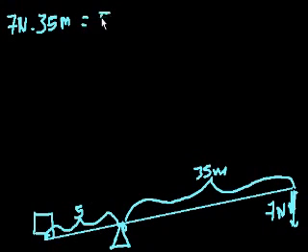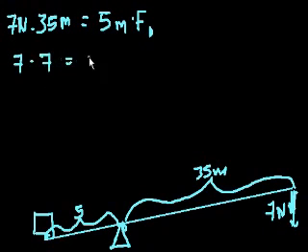So that is equal to 5 meters times the force that I'm lifting, or the lifting force of the machine, let's say, the force out. So we can figure out the force out by just dividing both sides by 5. So let's see, 35 divided by 5 is 7, so you get 7 times 7 equals the force out, or 49 newtons.